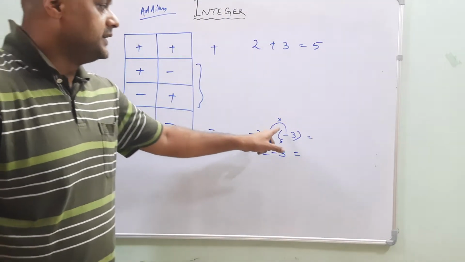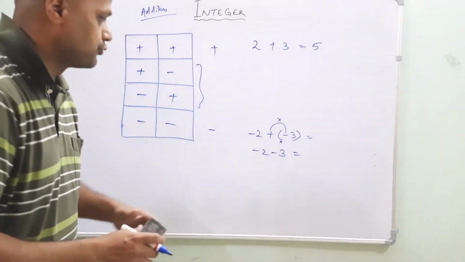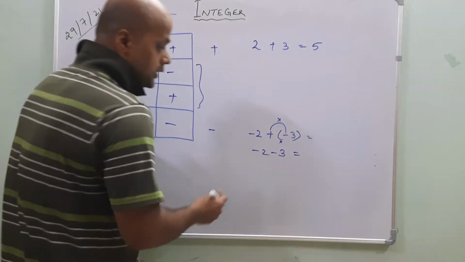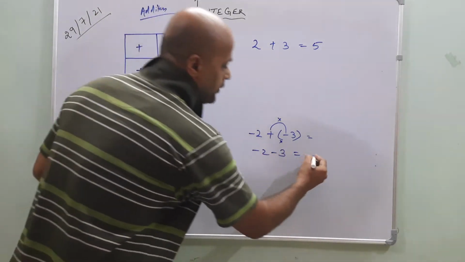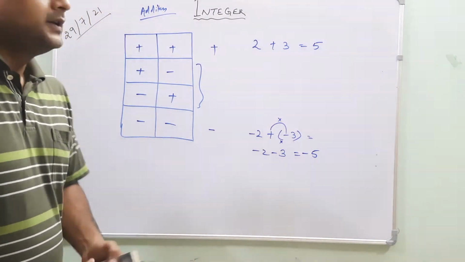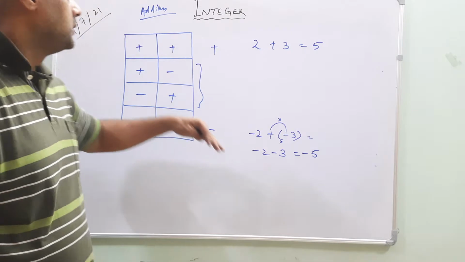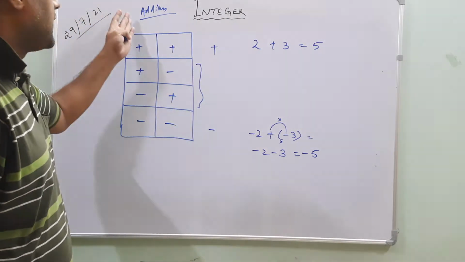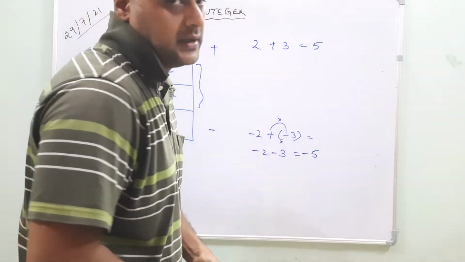This case of multiplication will be studied later. Now, both of them are minus, so the two of them will be added and the sign will be as it is. So this is the case of two negative integers: if they are added, the result will come in a negative sign.